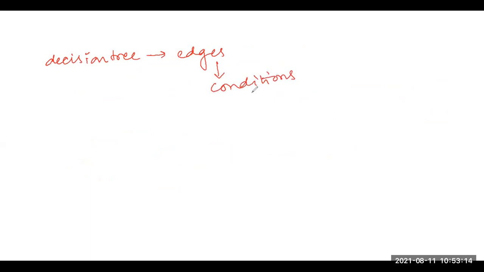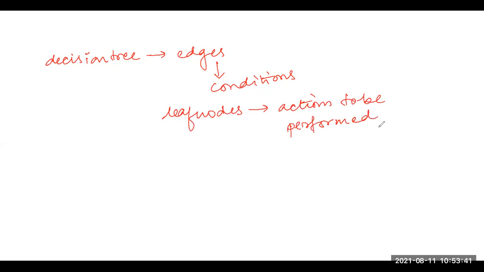Conditions mean whether a new member operation is to be performed, or, suppose for a library, whether a renewal operation is to be performed, and so on. And the leaf nodes will represent the actions to be performed, depending on the outcome of testing the conditions.